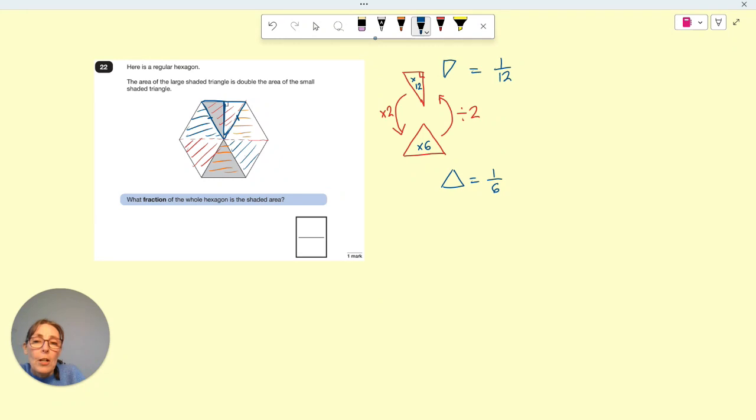So what fraction of the whole hexagon is the shaded area? I would say that we've got 1/6 of the shape plus 1/12 of the shape. Now, if we decided to make the denominators the same, then what we need to do is make 6ths into 12ths.